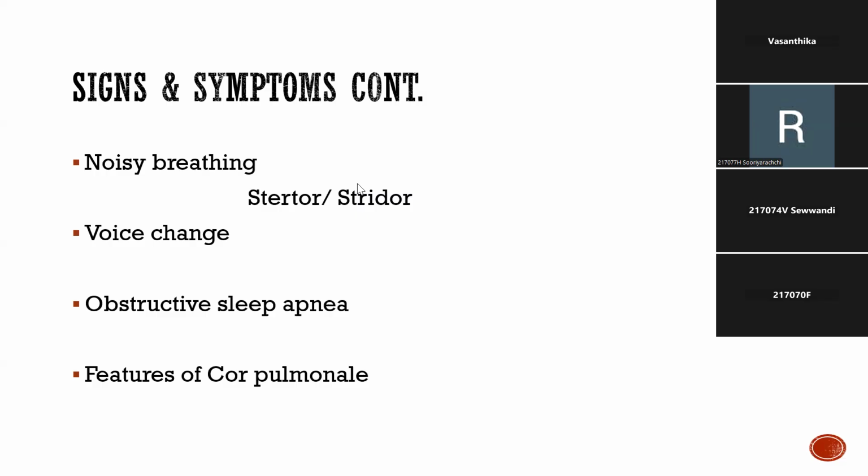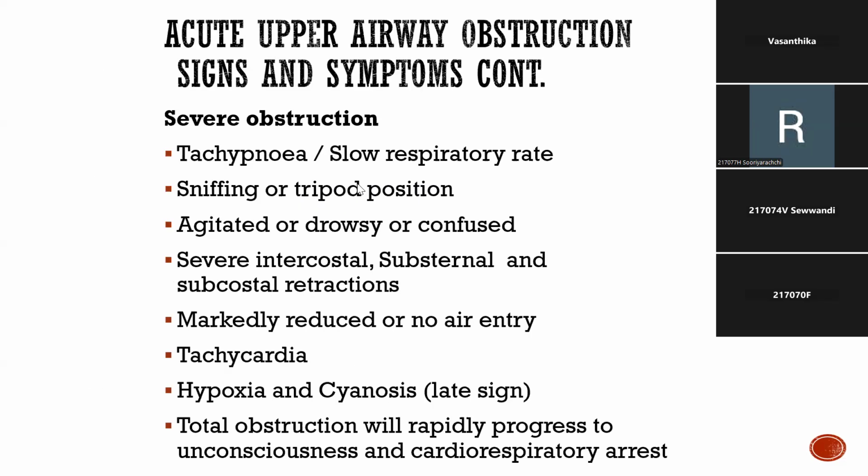And they will present with features of cor pulmonale like hypertension, pulmonary hypertension. So if they have severe signs and symptoms of acute airway compromise, they will have tachypnea. I assume you all know about these words. Tachypnea means increased respiratory rate, snuffling or tripod position where the patient is leaning forward for air hunger, and they are agitated, drowsy or confused.